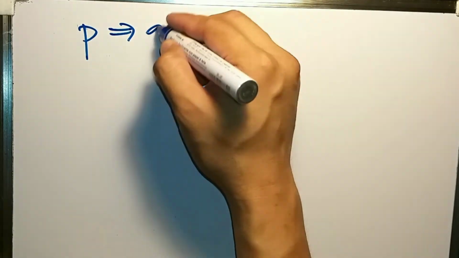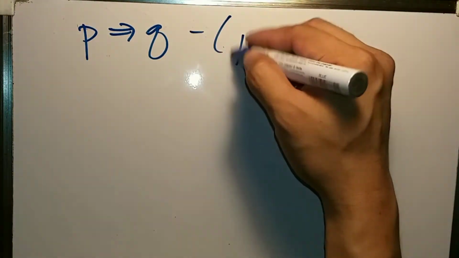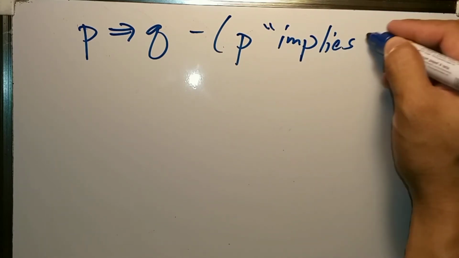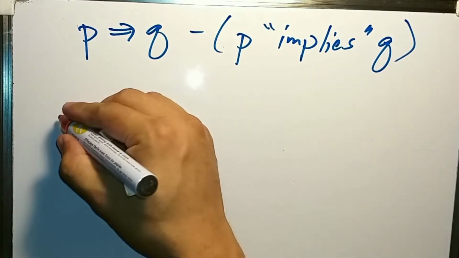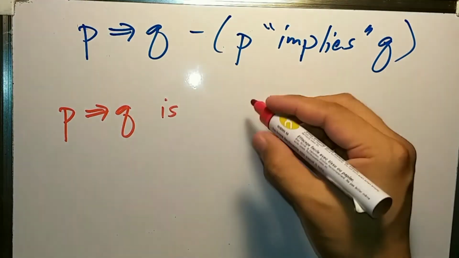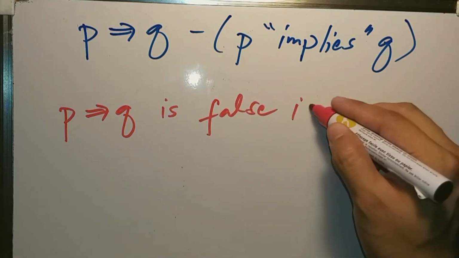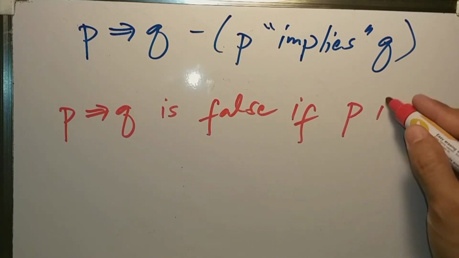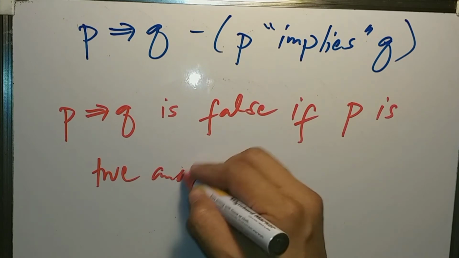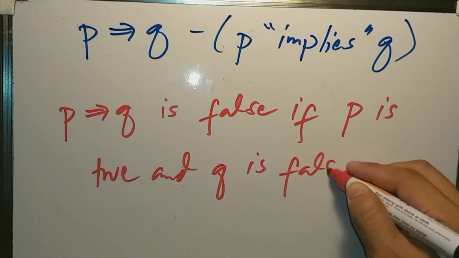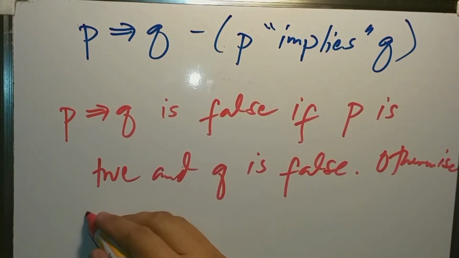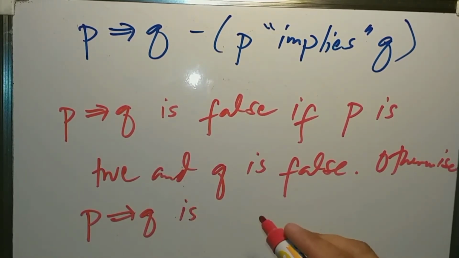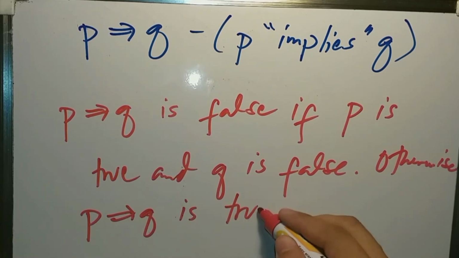And then lastly, we have the proposition P implies Q. P implies Q is false if P is true and Q is false. Otherwise, P implies Q is true.